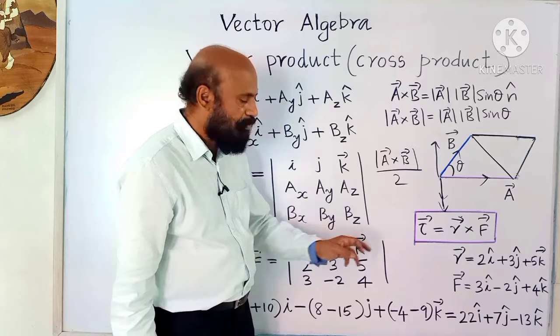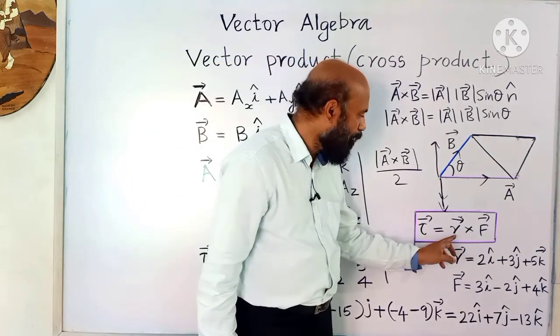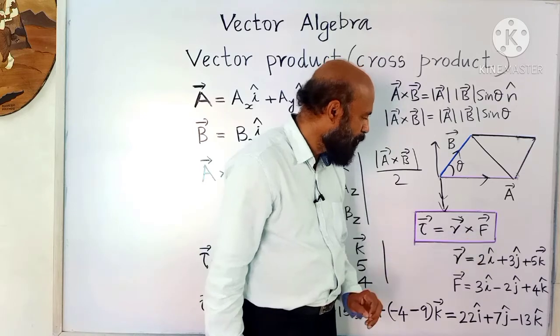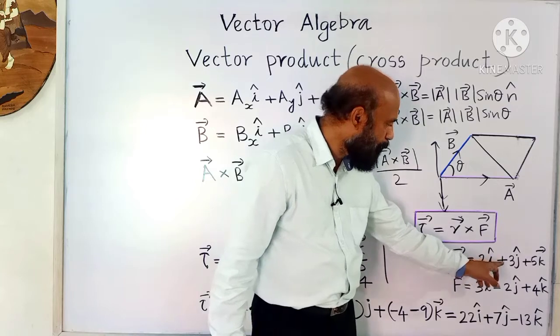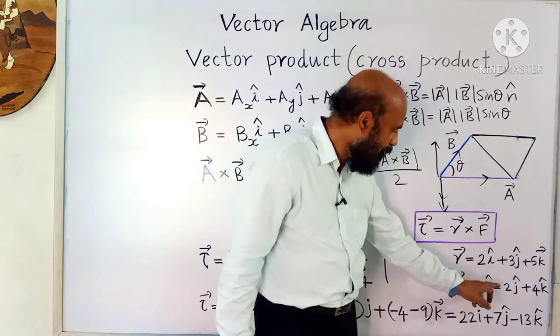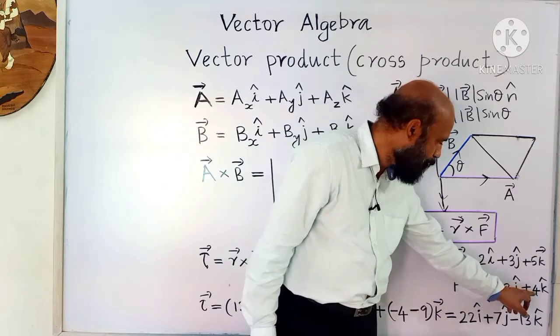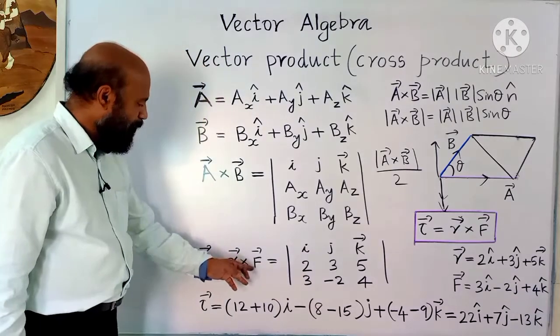In physics, torque is the cross product of r vector and F vector. Here there is an example. r vector is given to be 2i plus 3j plus 5k. F vector is given to be 3i minus 2j plus 4k. Let us find the cross product and get the torque.